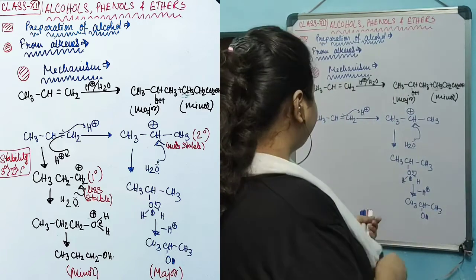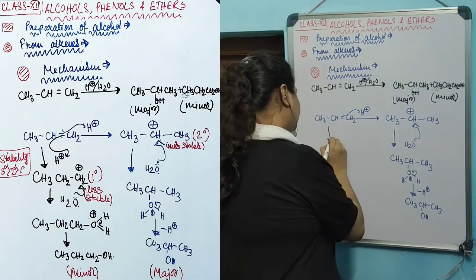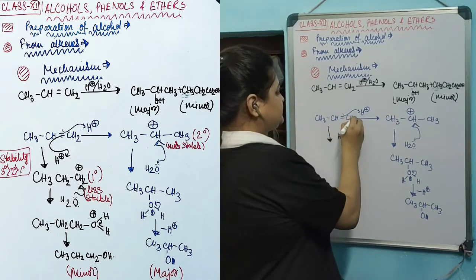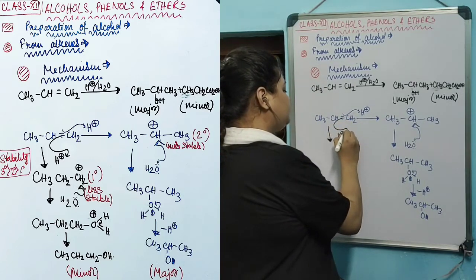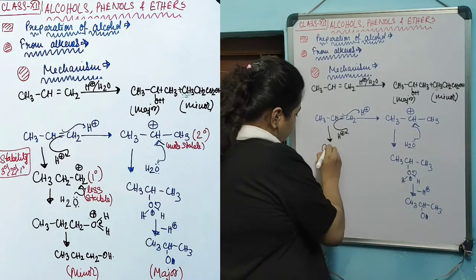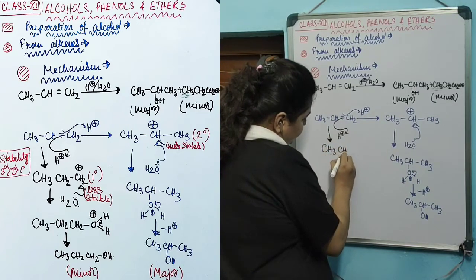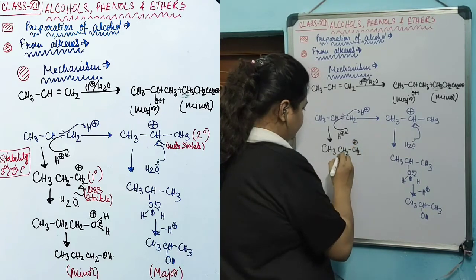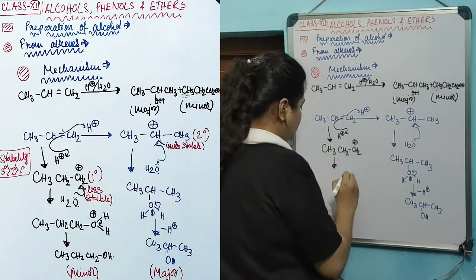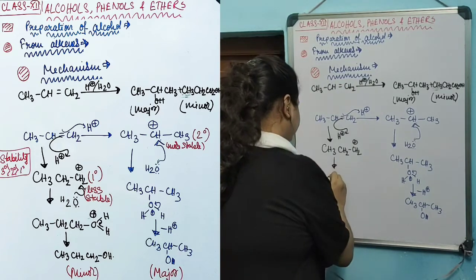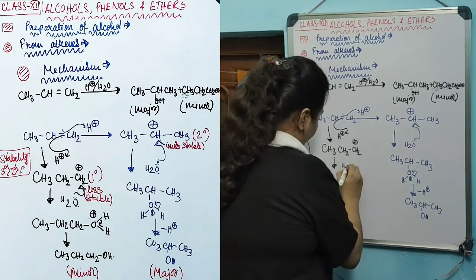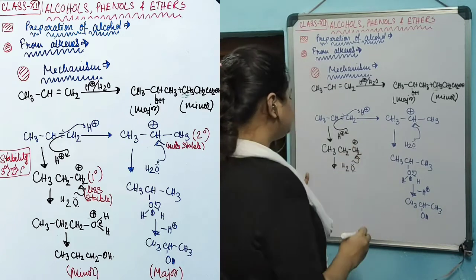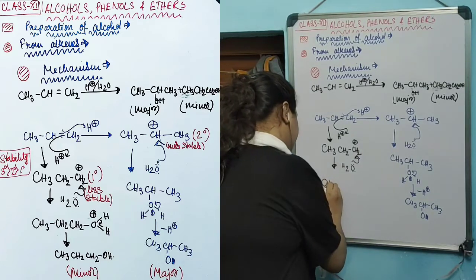Now, this entire reaction happens in a second pathway also. That is, instead of this terminal carbon, if the double bond opens up through this middle carbon, then the hydrogen will be accepted by this middle carbon and the carbocation will be formed on the terminal carbon, which will give this carbocation, and in the second step the water will attack this terminal carbocation carbon, producing this compound.